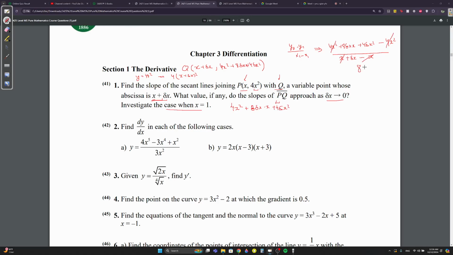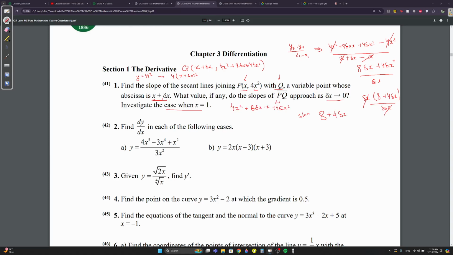You're going to be left with 8x delta x plus 4 delta x squared over delta x. You can factor out delta x up and down. So you're going to get 8x plus 4 delta x, because it was delta x squared, take 1 delta x, you're going to be left with 1 delta x over delta x. Cancel, cancel. You're going to be left with 8x plus 4 delta x.